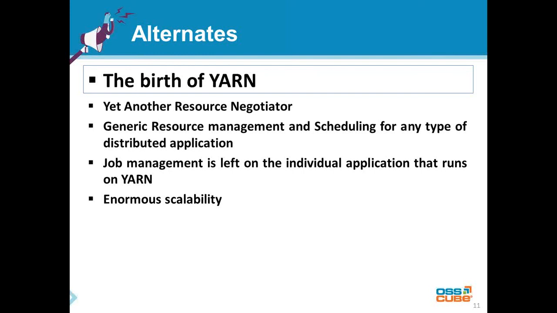So now the MapReduce becomes a simple application that runs on top of Yarn, and this MapReduce is actually called MapReduce 2. The previous one is named MapReduce 1, and the MapReduce that runs on Yarn is MapReduce 2. So what Yarn gives is enormous scalability, because it is not monitoring the individual jobs anymore.